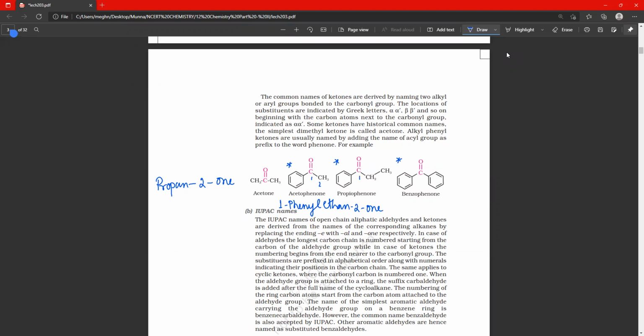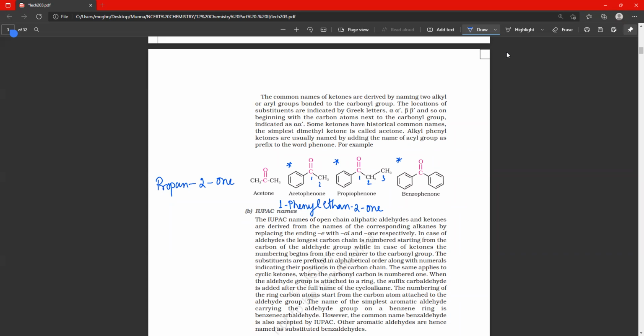Similarly, this one I think all of you can write yourself. Propiophenone. All of you try propiophenone yourself. Benzophenone I'll write again.